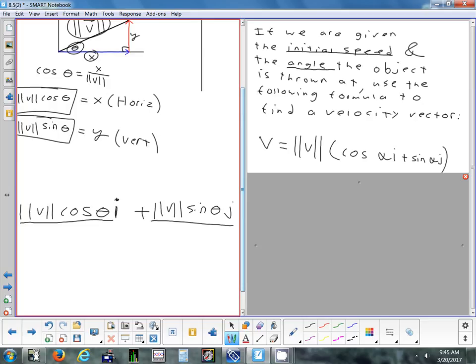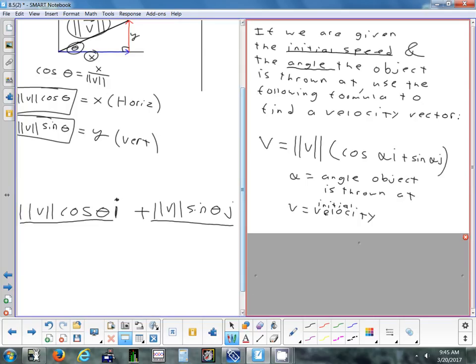You can call the angle whatever you want. I think the book might call it alpha. I used theta. It doesn't matter. Just think of it as cosine angle i, sine angle j, with the magnitude factored out in front. So alpha in this case is the angle you throw it at.